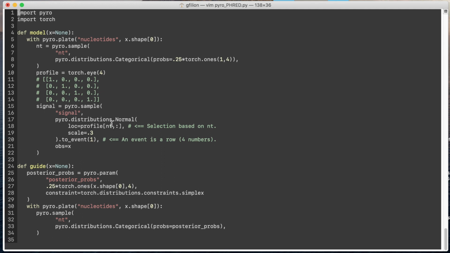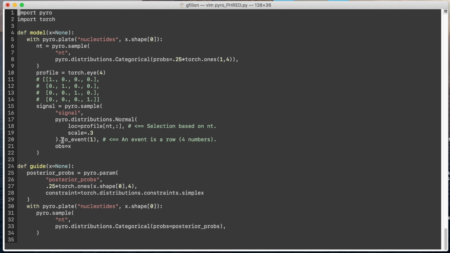So if I have a certain number of nucleotides, each of them will have its own characteristic profile given by this matrix here. So the fact that we can select a particular matrix based on discrete values here is really what makes discrete inference different from the continuous case.